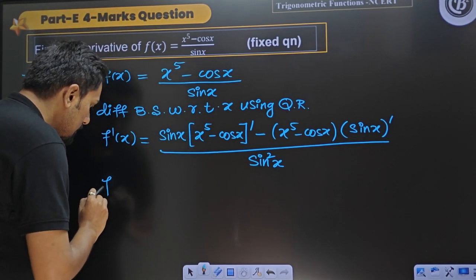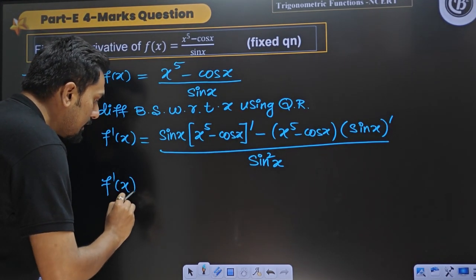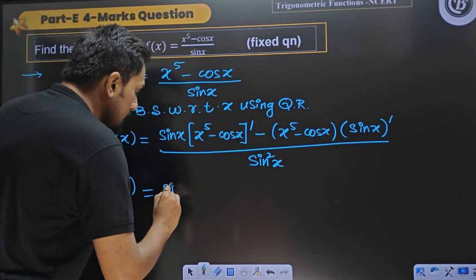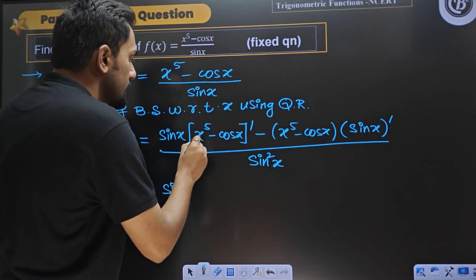Next, after applying the rule, I need to differentiate the function. Sin x as it is, and the derivative of x power 5.